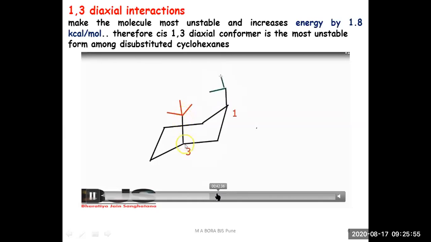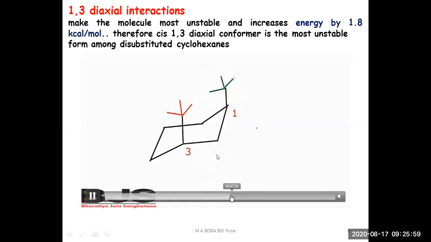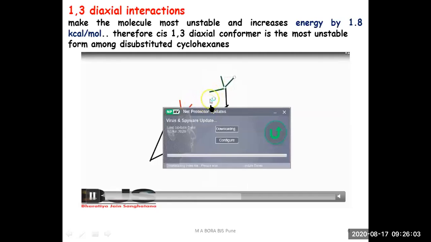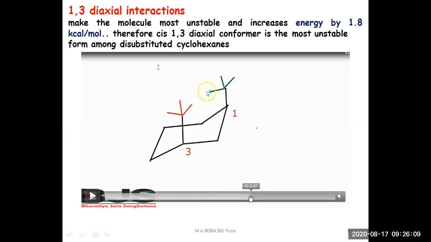If I am supposed to show this 1,3 diaxial interaction, diaxial indicates that both are axial, and since they are coming in the same plane, there are interactions between these two methyls that make this molecule highly unstable. So this is called 1,3 diaxial interaction.